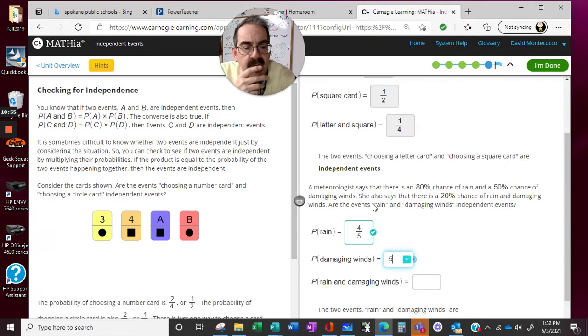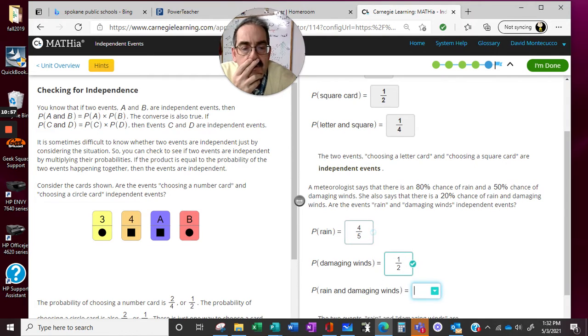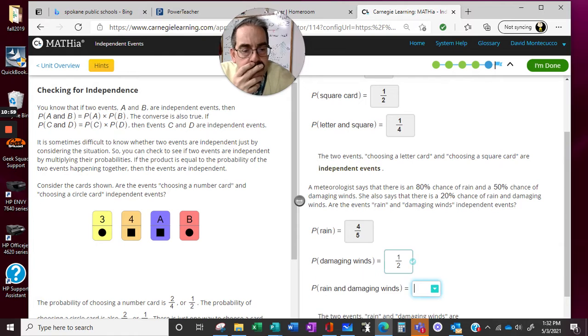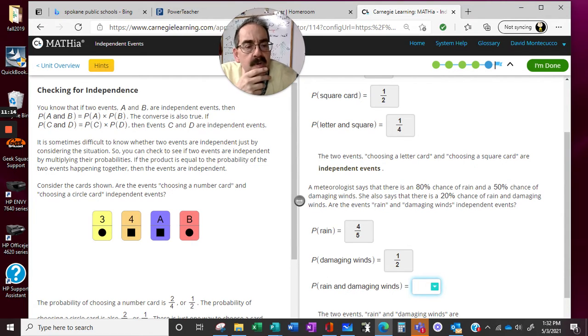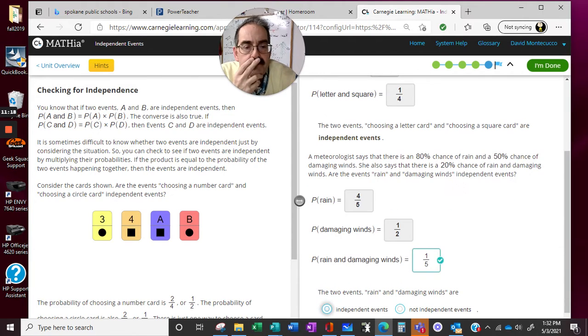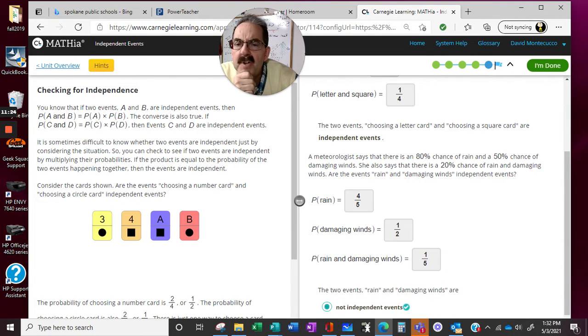Damaging winds, 0.5. 0.8 times 0.5. Yep, this is a tricky one, wasn't it?